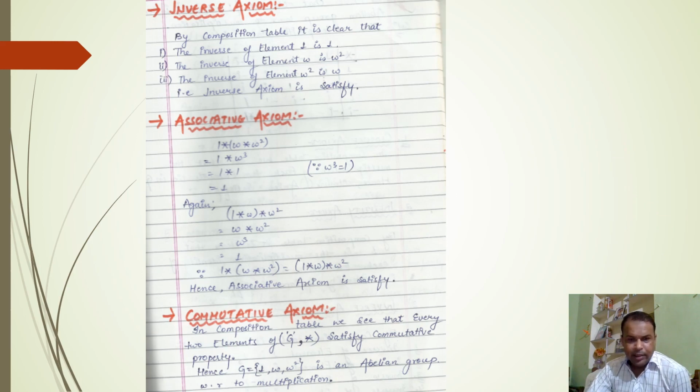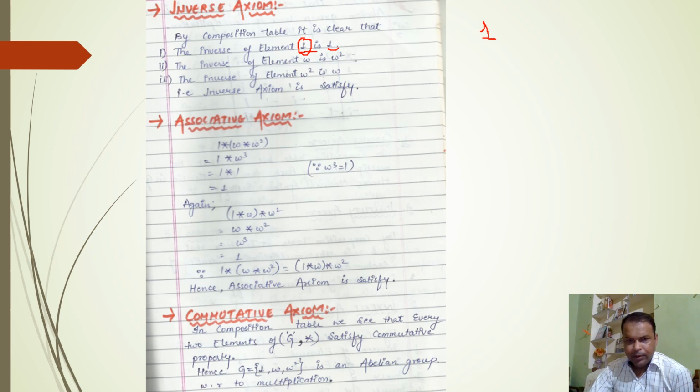Again, in the composition table, we see that if we multiply 1 by 1, then we get 1. Now here we are checking, for each element, how we can get the identity. We know that 1 is the identity element. In our previous step, we checked that 1 is an identity element. So we try to find what element must be multiplied by 1 to get 1.